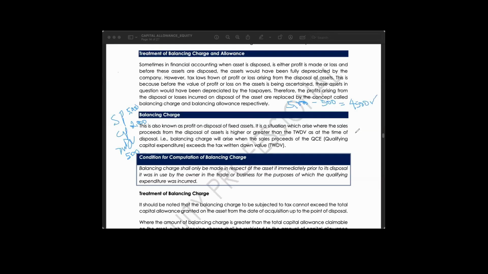But we need to calculate the total allowance claimed on the asset disposed. To calculate total allowance claimed on the asset disposed is going to be cost less tax nominal value at disposal.